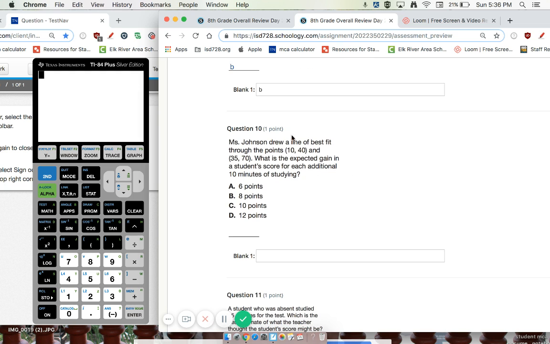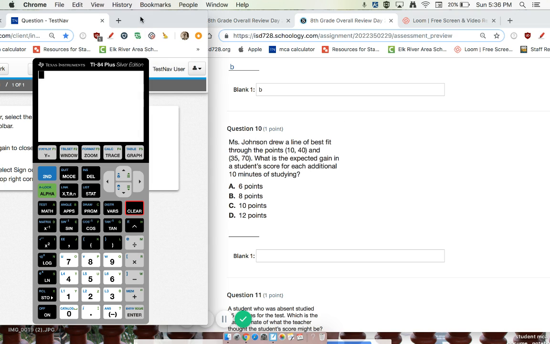All right. Number 10, Miss Johnson drew a line of best fit through points that and that. What is the expected gain in a student's score for each additional 10 minutes of studying? I'm thinking this is slope because you're analyzing the rate of change, the change of your grade for each time you study. That's a slope situation.